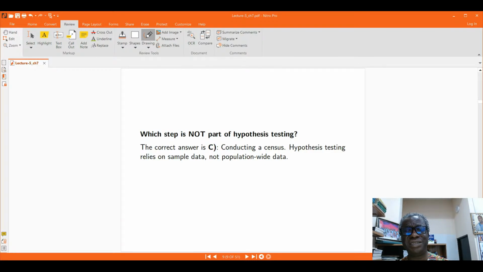Hypothesis testing relies on sample data, not on the entire universe, not on the population. So conducting a census is not part of hypothesis testing.